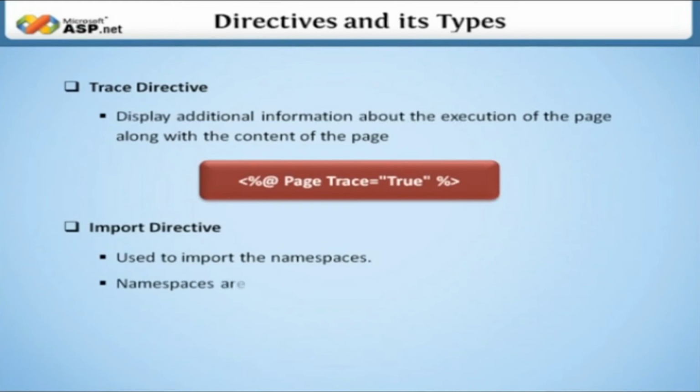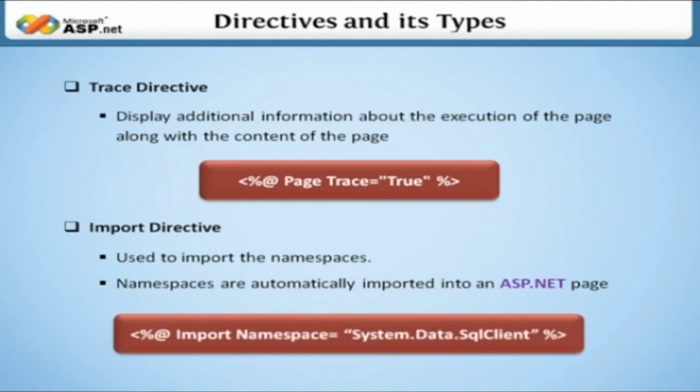Now, by default, certain namespaces are automatically imported into an ASP.NET page. If you want to refer to a class that is not a member of one of the default namespaces, you must explicitly import the namespace of the class. Now, here's the syntax to import namespaces. We'll discuss other elements of ASP.NET in the next lesson.